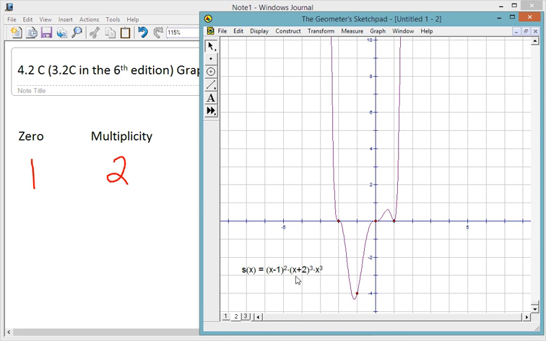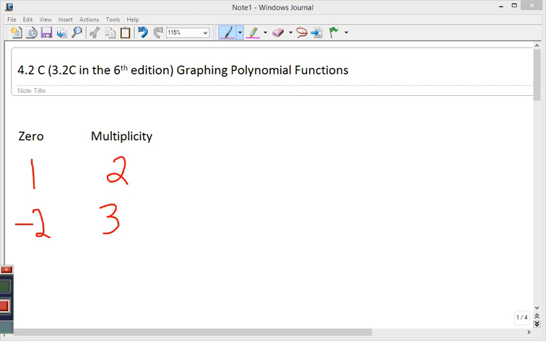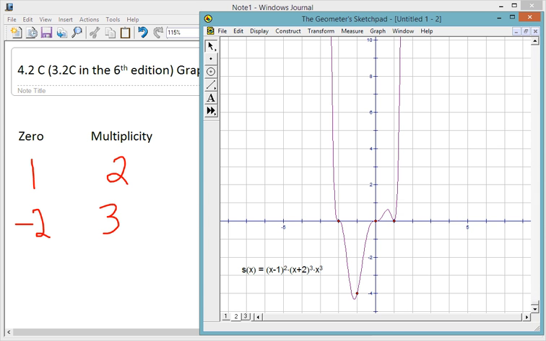All right, the next one would be x plus 2, and that means there's a zero at negative 2, and it has the exponent of 3, so that means negative 2 has multiplicity of 3. And that means that at negative 2, it crosses, because 3 is odd, but it crosses with a little bit of a wiggle, like our x cubed function.